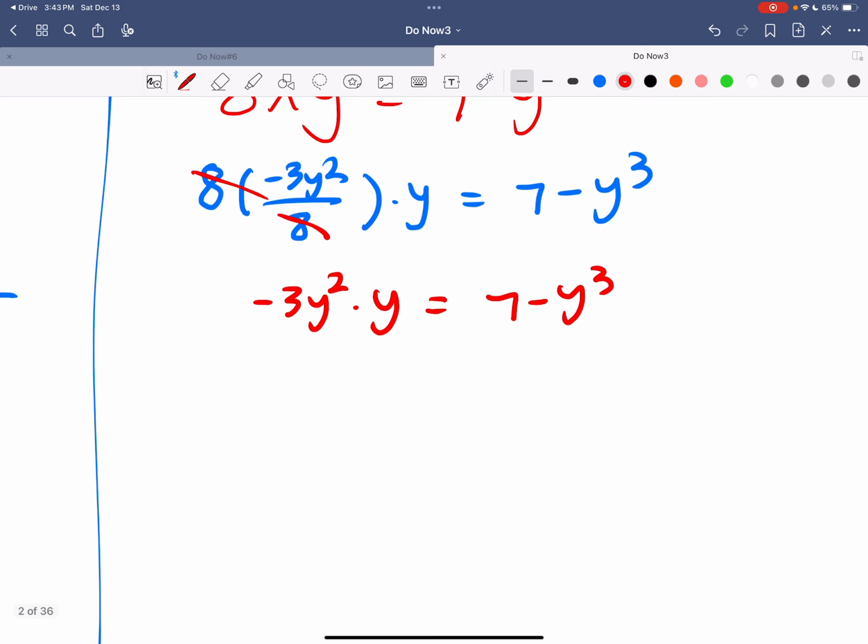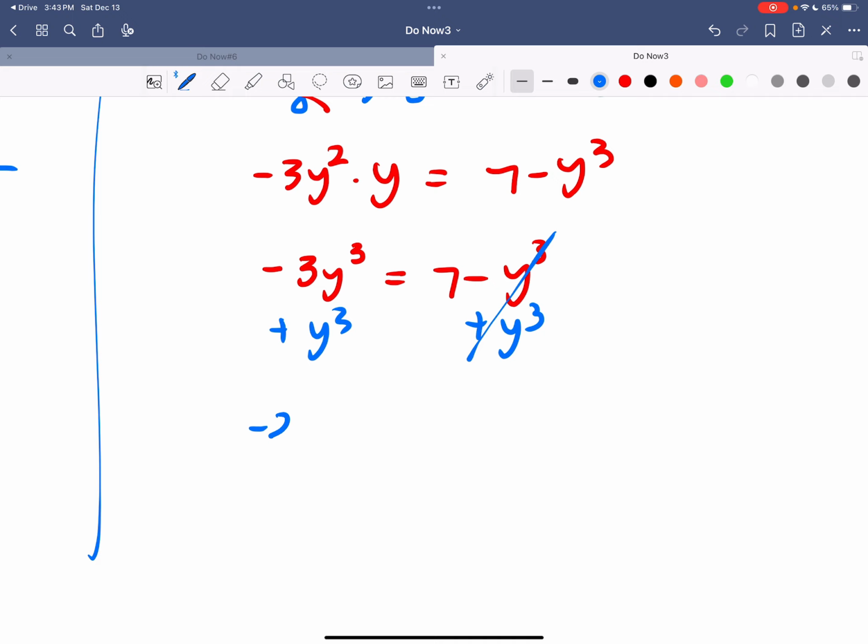When I combine these two, I will get negative 3y to the third power equals 7 minus y to the third power. If I add y to the third power to both sides, I will get negative 2y to the third power equals 7.